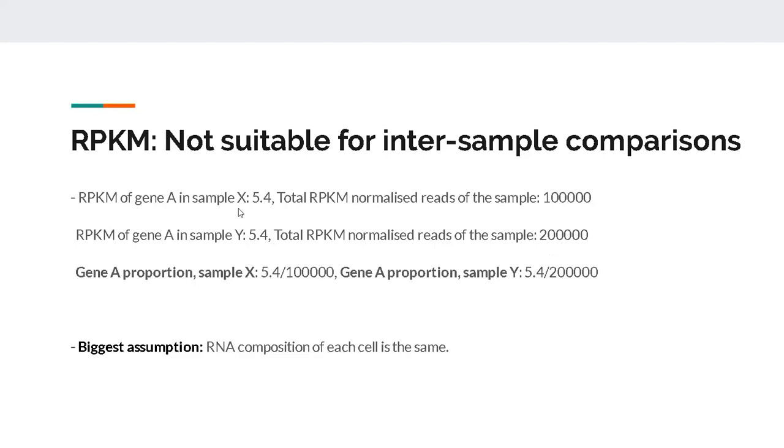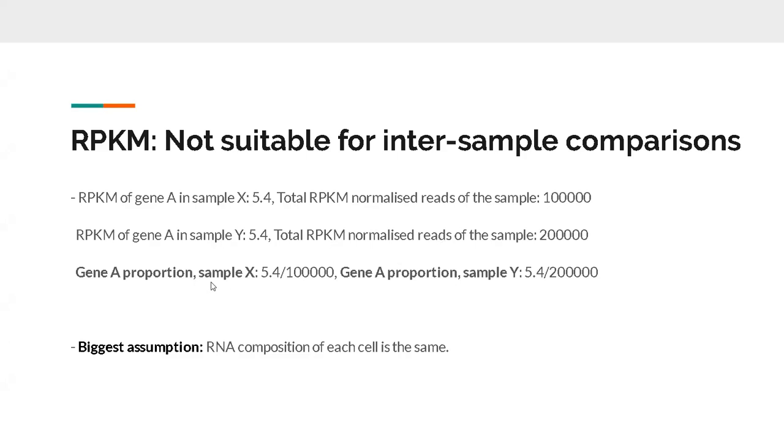When you just look at this RPKM value after so-called normalization, you might think that the expression of gene A is the same in sample X and sample Y.